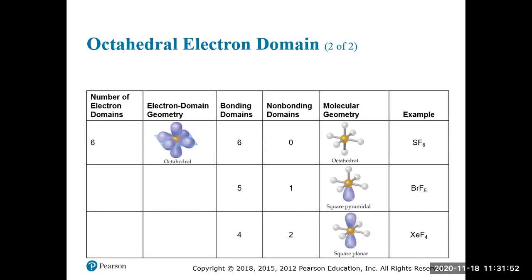Okay, so we have our 6 electron domains. That electron domain geometry tells us it's octahedral. If all of those are bonding domains, then the molecular geometry stays octahedral.